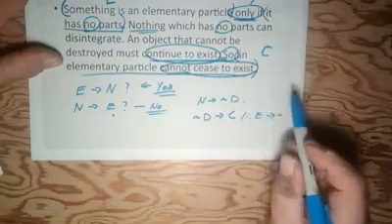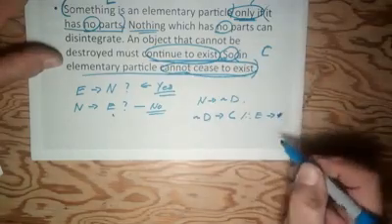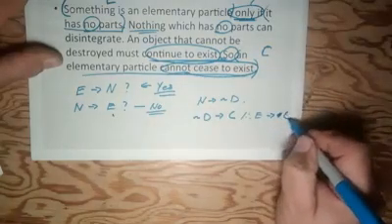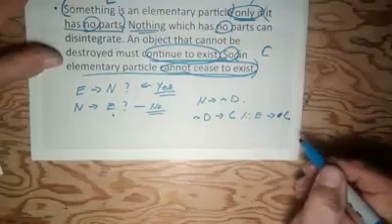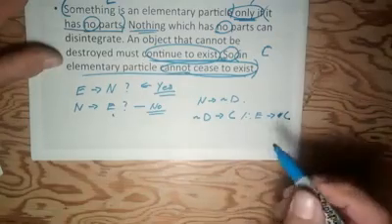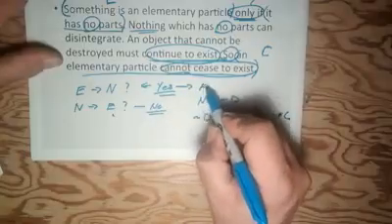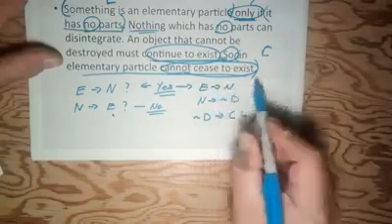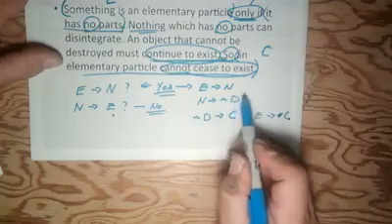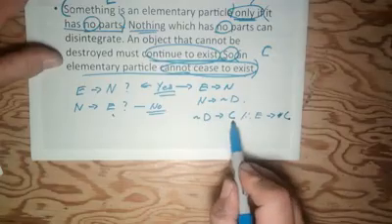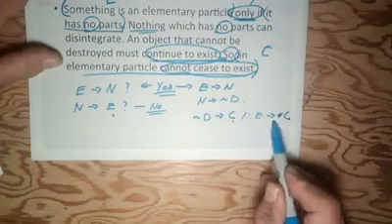How do we make all that work? And I would say that negative has to disappear, and we get a C. Now that's a whole lot of work, but what we've got over here is E then N, N then not D, then C, therefore E then C.